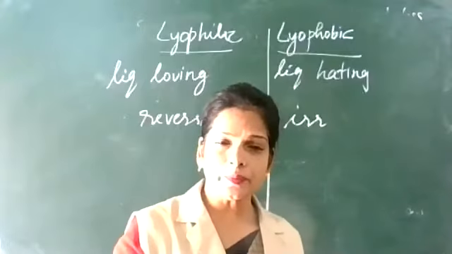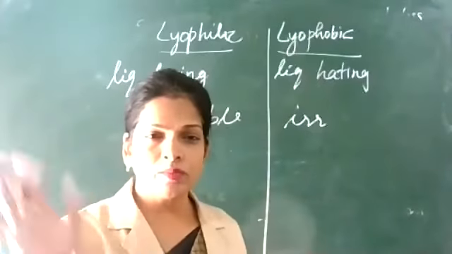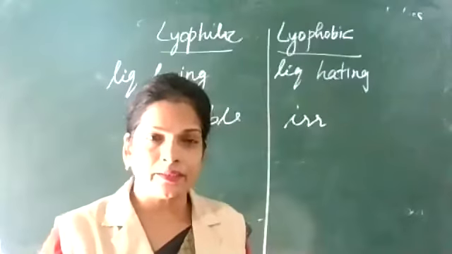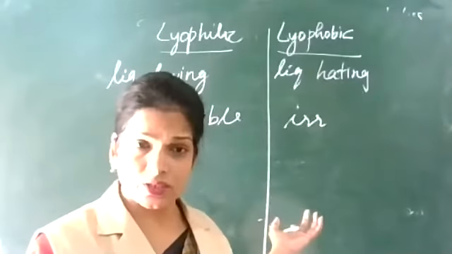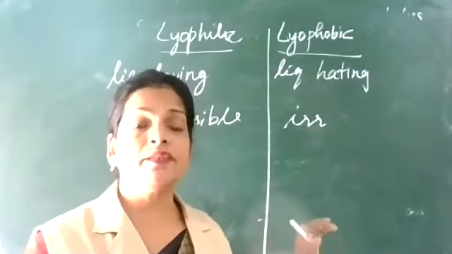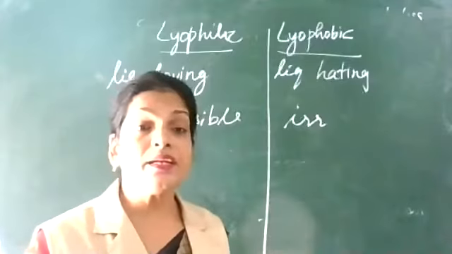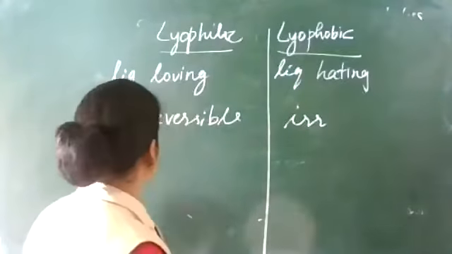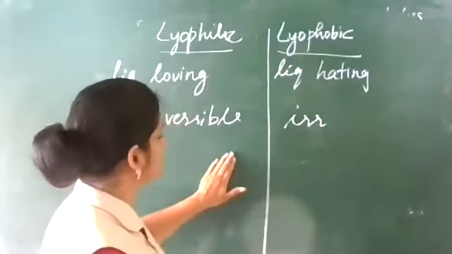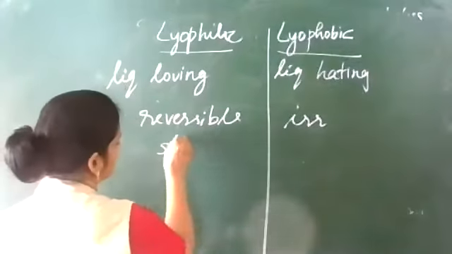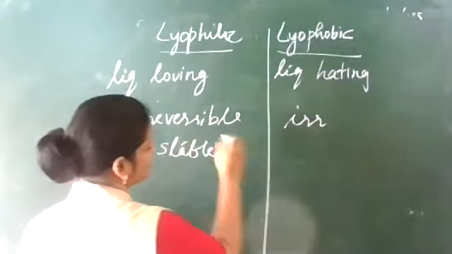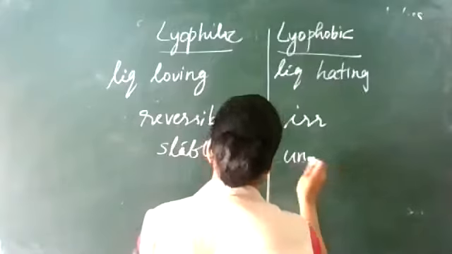You add the dispersion medium, you get the colloid back. Remove the dispersion medium, you get the dispersed phase, starch or maida. So that is reversible, but the other is irreversible. You cannot easily remake it into a colloid. Now this is stable, but here it is not stable.